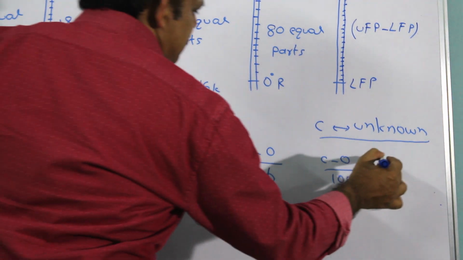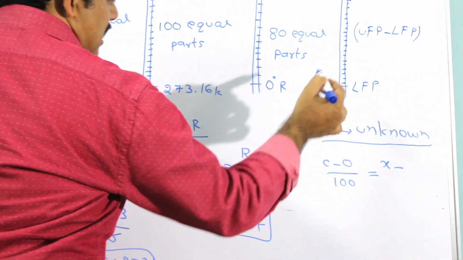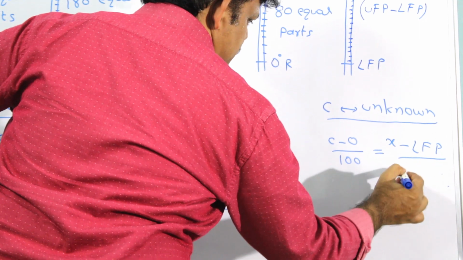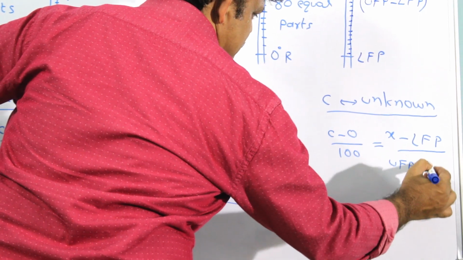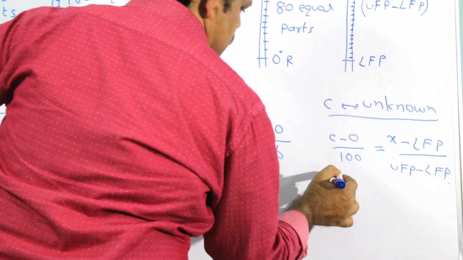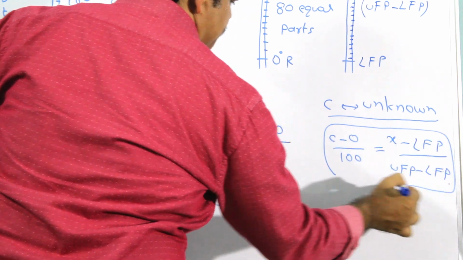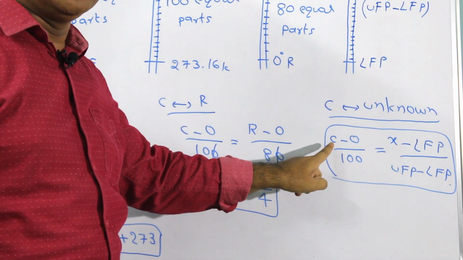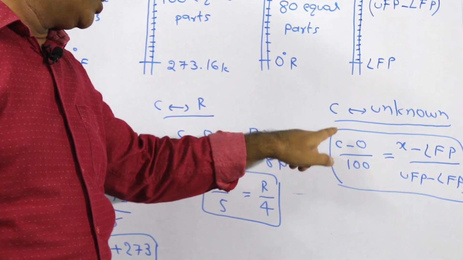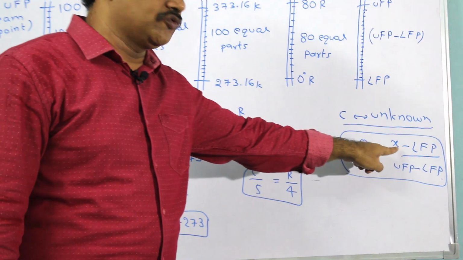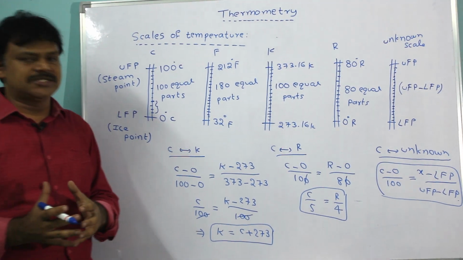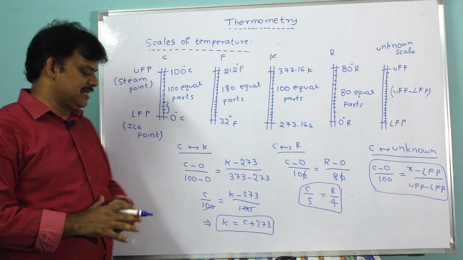In the unknown scale, let x be the scale reading, and generally they will give you the lower fixed point and upper fixed point values, UFP minus LFP. Sometimes they will give you the x value and you will be asked to find the C value. Sometimes they will give you the Celsius reading and you will be asked to find the unknown scale reading. In this way we can relate temperatures between different scales.